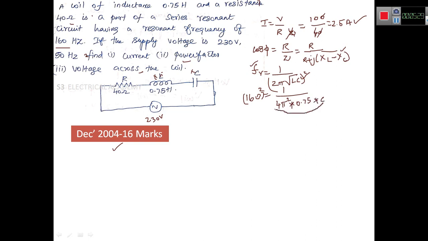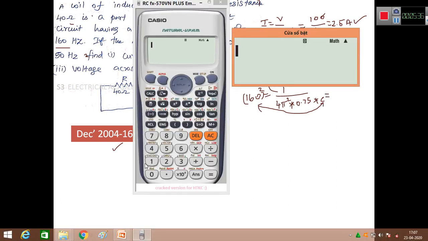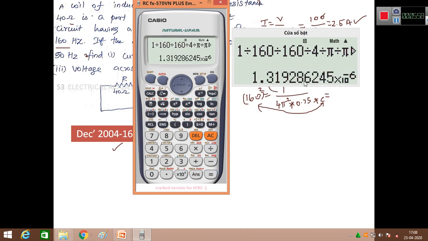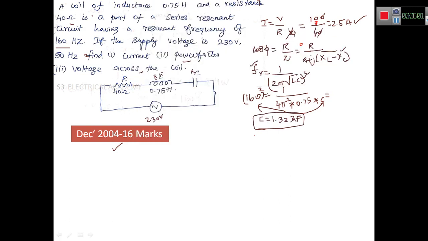So just we have to interchange C as well as 160 square, and we can easily determine the C. Using calculator, 1 divided by 160 squared divided by 4 divided by pi squared divided by 0.75. This is nothing but the capacitance value, which is equal to 1.32 microfarad.